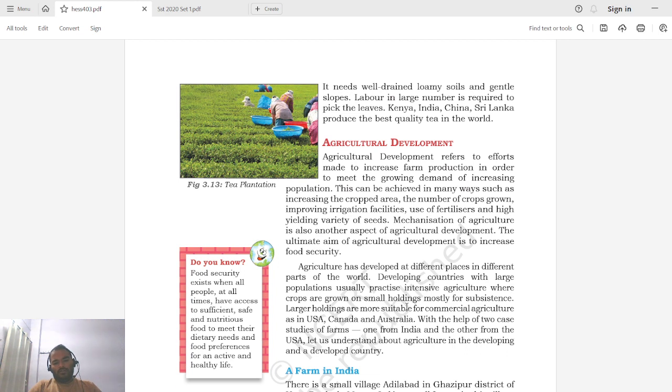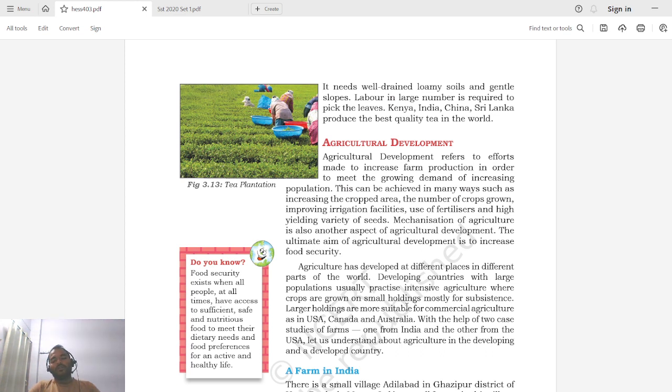There are a few reasons which are responsible for this. Say for example, in India, there is continuous distribution of farms among the families. Say your grandparent had some land, so if he had two children, now the farm in the next generation would be divided between these two brothers. And if these two brothers now individually have two children each, again this farm will be divided into two parts.